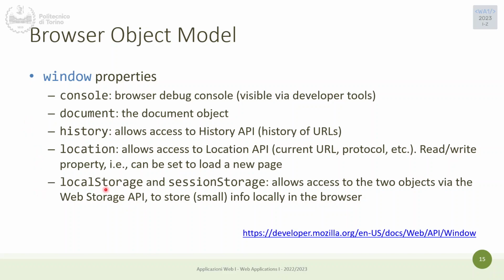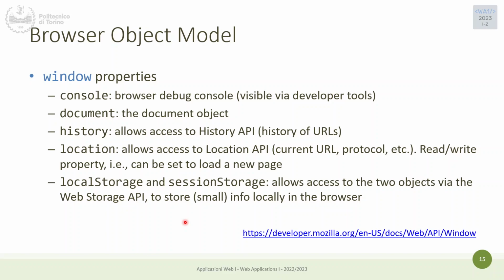And we have also these objects that are quite peculiar, the local storage and the session storage, which are two objects that allow you to store a bunch of data, not a great amount of data, inside the browser.